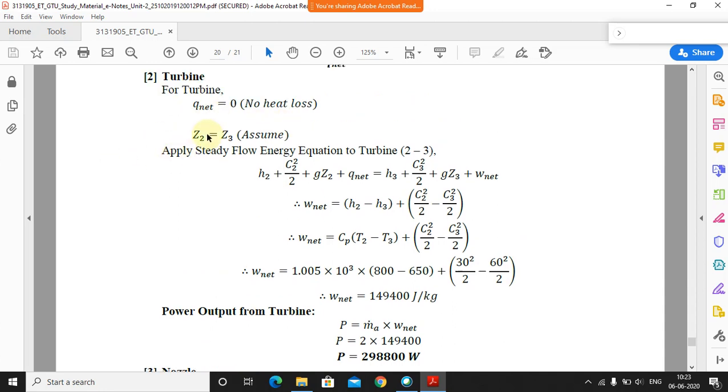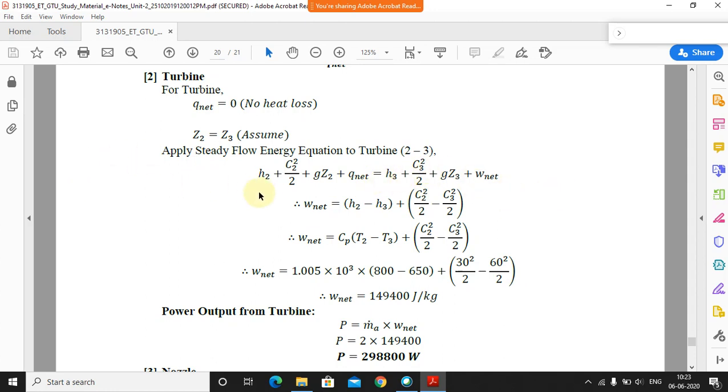Now we'll apply the steady flow energy equation to the second system. The equation is the same. Why are we not considering the mass here? Because later we'll use the mass flow rate value to directly calculate the power. Even the mass is the same, so it is cancelled out here.